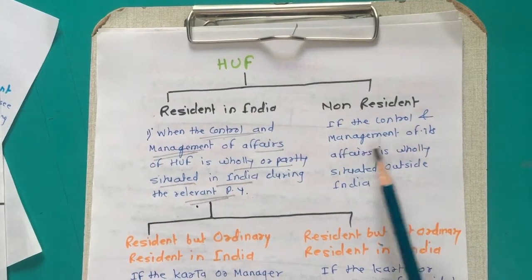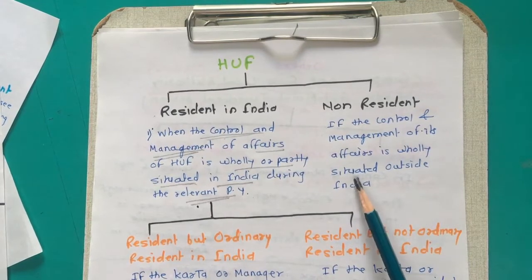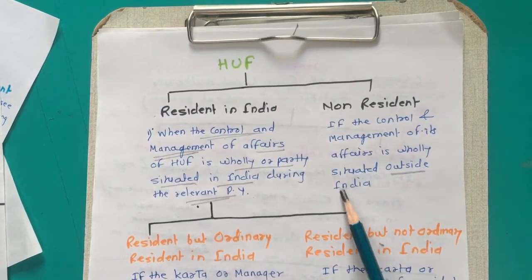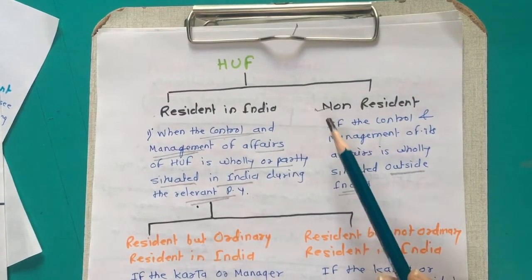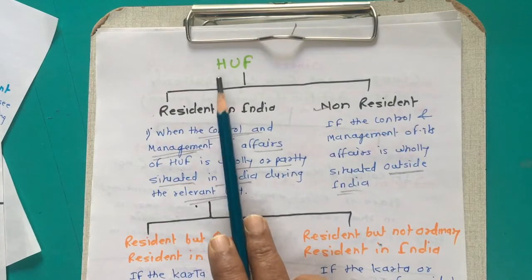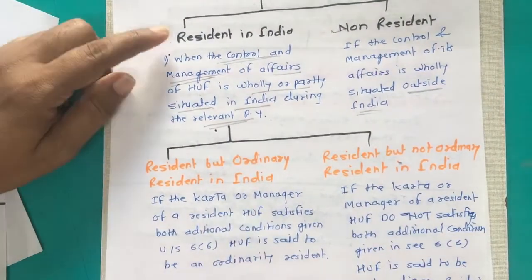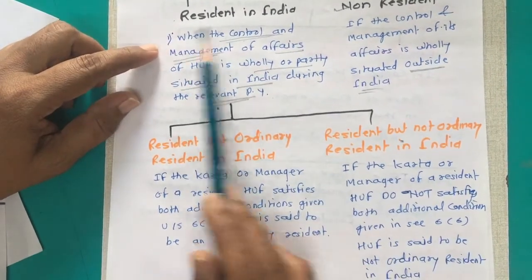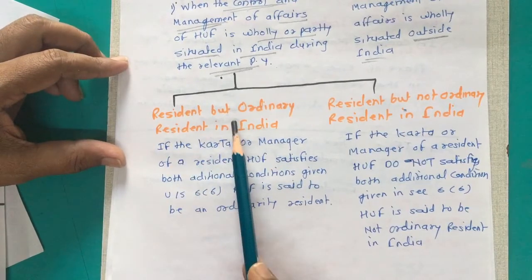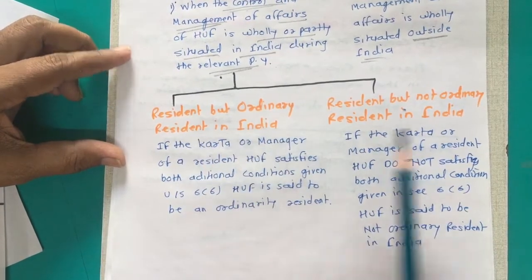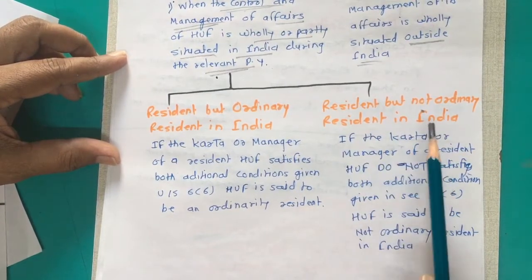If the control and management of its affairs is wholly situated outside India, such Hindu undivided family is treated as non-resident in India. Okay. The residential status of resident in India is also classified as resident but ordinary resident in India, and resident but not ordinary resident in India.